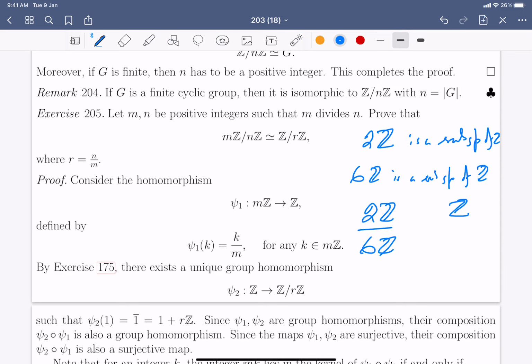In that way you will obtain Z mod 3Z by dividing. Whenever you get to see 2 over 6, you could very well replace it by 1 over 3.